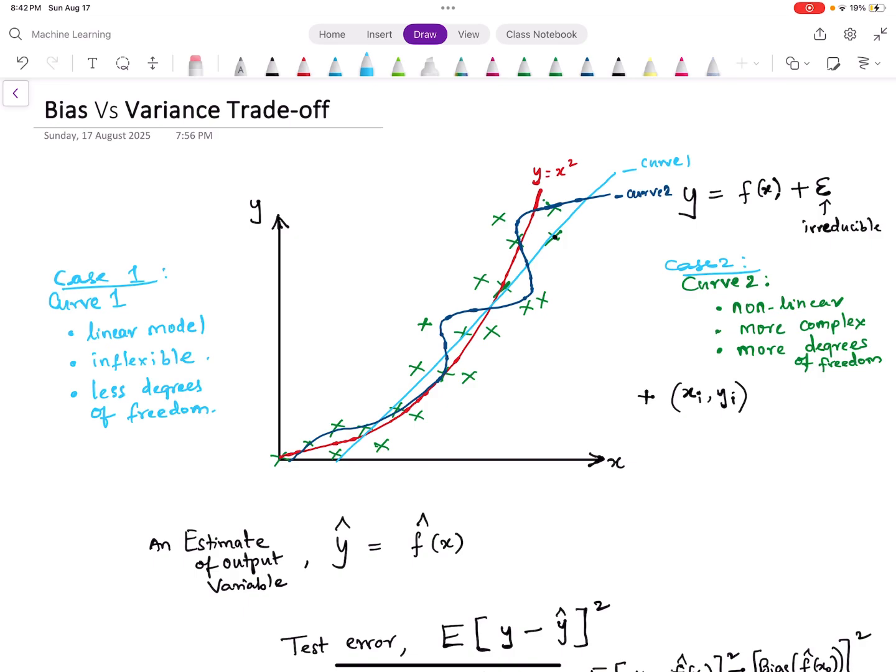If such a function is applied on the testing set, probably because of overfitting the training set, it may not do a good job on the testing set.